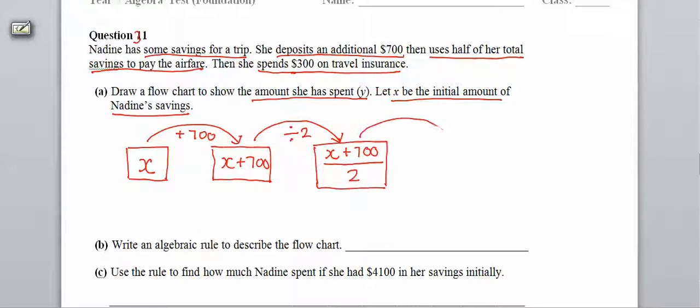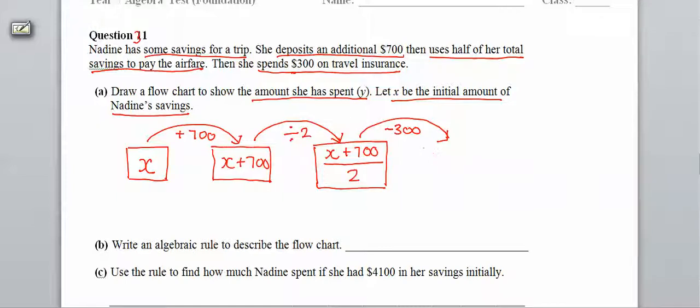Now, our next bit. Then she spends $300 on travel insurance. So this means she's taken $300 out of her savings to pay for travel insurance. So this is minus $300. So in the end, our last box in our flow diagram is the rule.